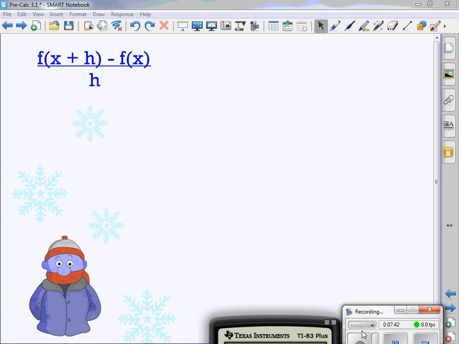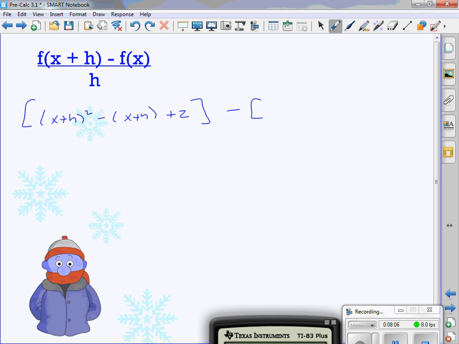I knew if I threw this at you at once, it looks like gibberish, because at first you would have to write (x plus h) squared minus (x plus h) plus 2 minus (x squared minus x plus 2), all over h. I didn't want to confuse you at first. I did it piece by piece. We did that first piece.